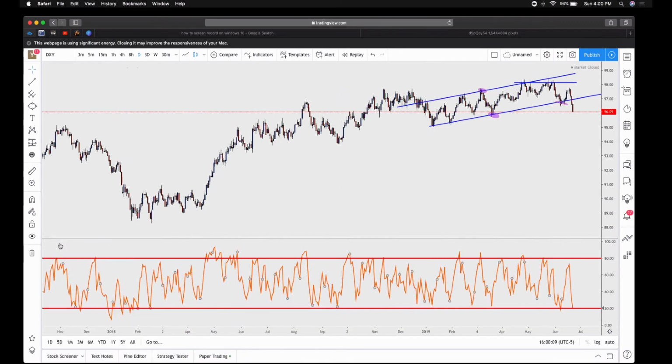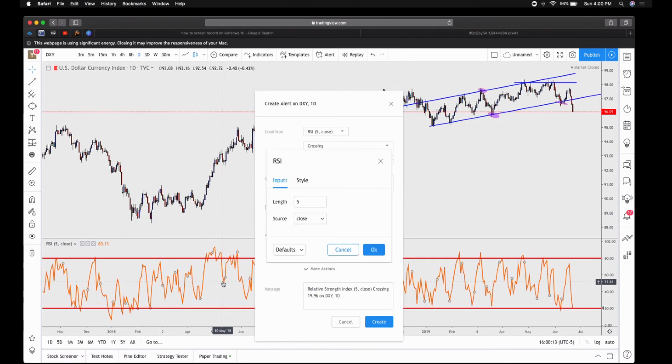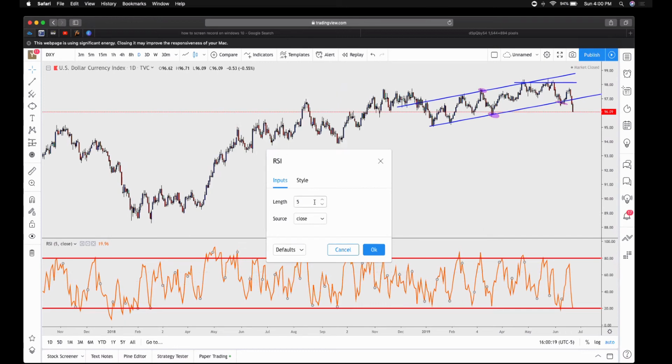First things first, I changed the input to the last 5 candles. So input length equals 5.